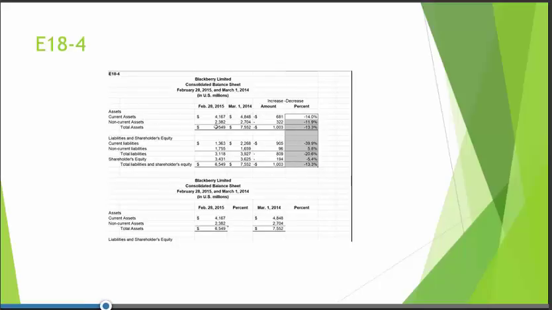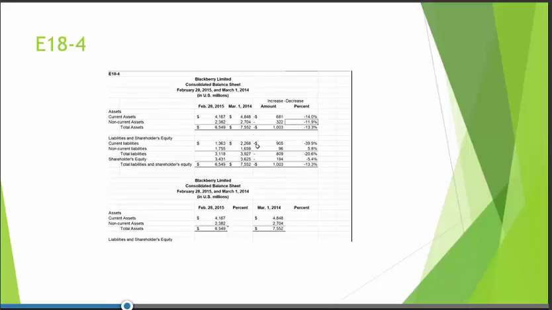So again, non-current assets this year, 2,382, last year 2,704, which means it's decreased by 322, or as a percentage we take 322 divided by prior year, which is 2,704, which gets us a decrease of 11.9%.